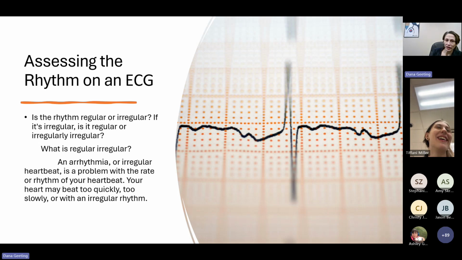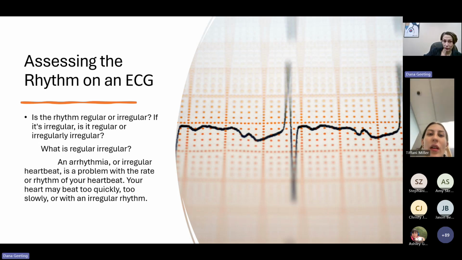When you're interpreting ECGs and assessing them, you're going to look at it and determine if the rhythm is regular or irregular. If it is irregular, is it regularly irregular or irregularly irregular?